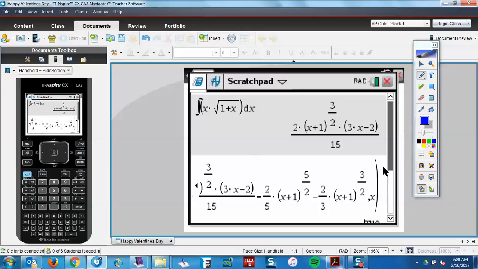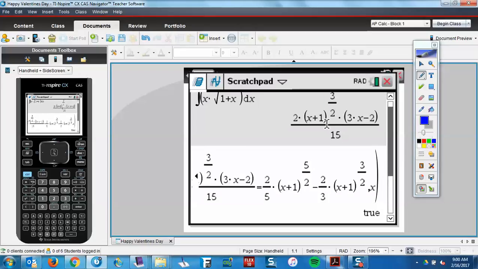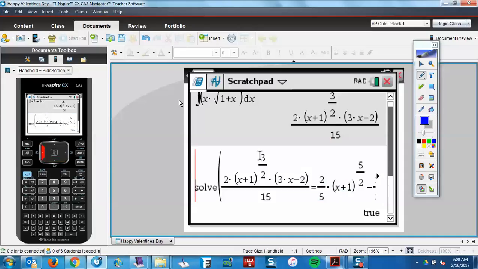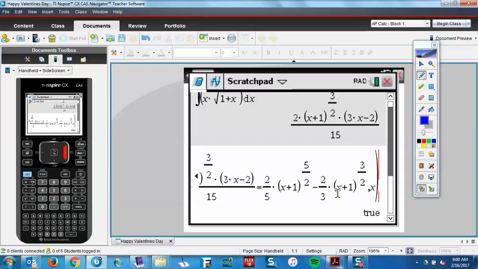So you can do a solve. If you come down here to this line and then scroll over, you can see what I typed in. I did a solve, and I grabbed their answer and set it equal to my answer. On the right side of this equal sign is what Max just told us.